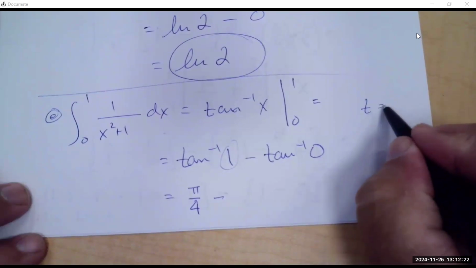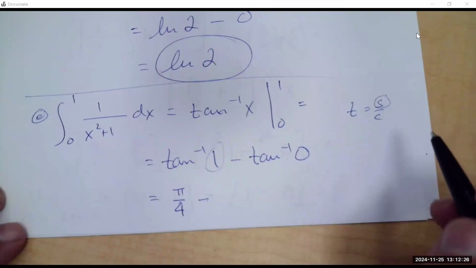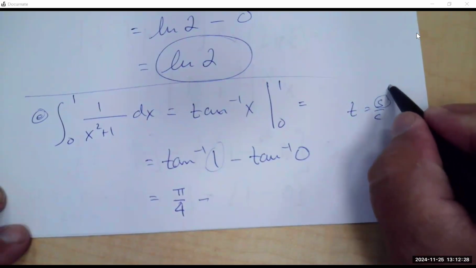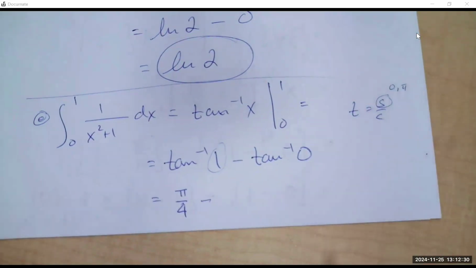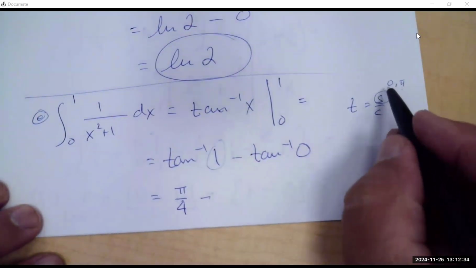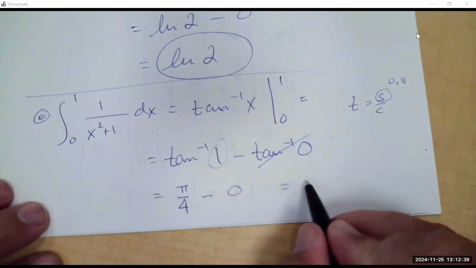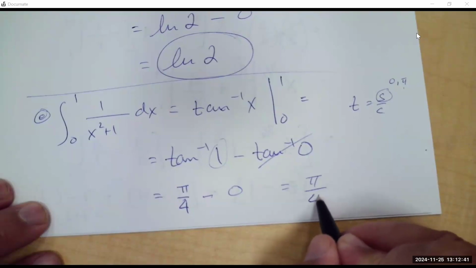Tangent is sine over cosine. What angle makes sine equal 0? 0, pi. But pi makes it negative when we say in the first quadrant, so that's going to be 0. Pi over 4 minus 0 is pi over 4.